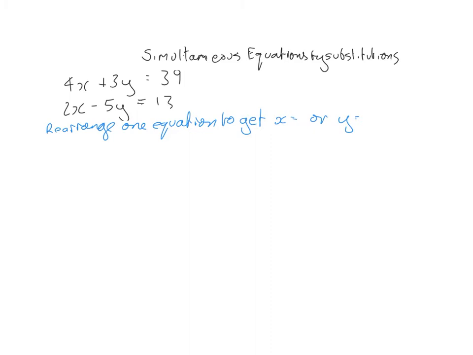Okay, so that's our aim: we're going to aim to get one equation to do x equals or y equals. We could do any of those. There are 4 different ways that we could do that. Okay, there's probably one that's a bit easier than the others.